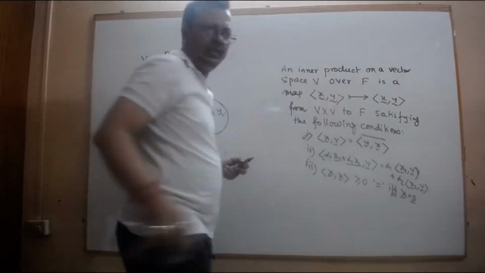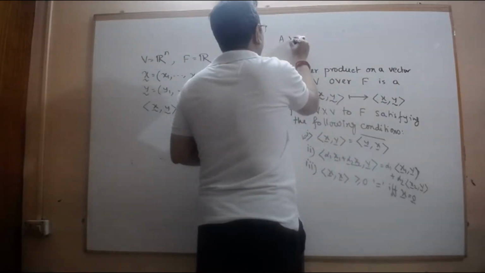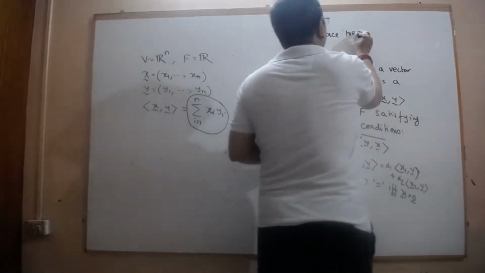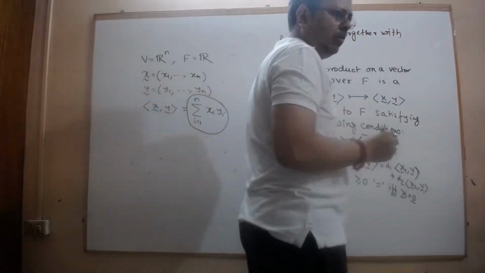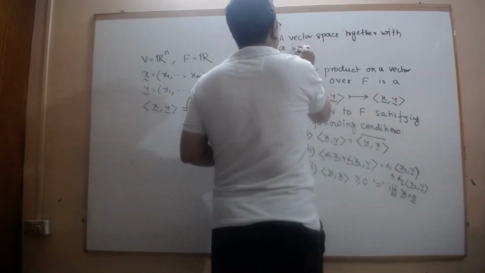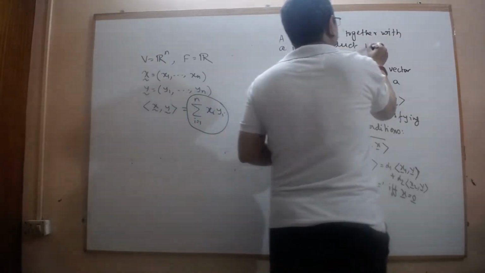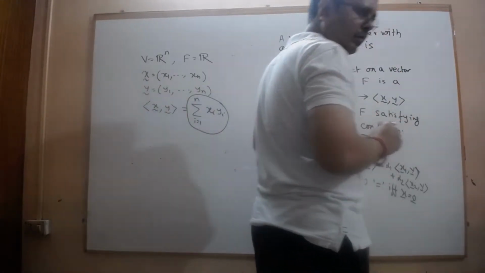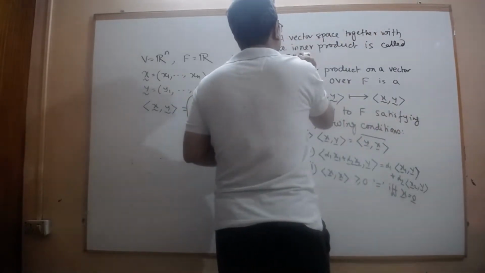A vector space together with an inner product is called an inner product space.